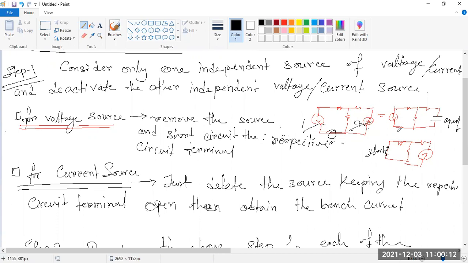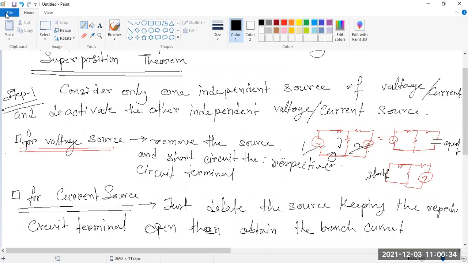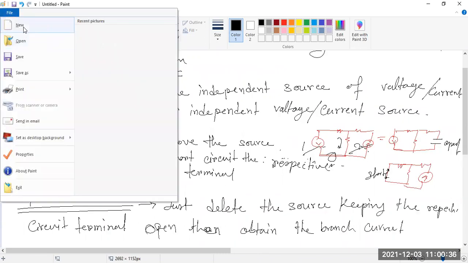Then you get I1, I2, I3, and you take the summation. Then you get the total current when your three sources are acting simultaneously. If there are four, you perform the process again for the four sources. Okay, let's see another example so you can understand.